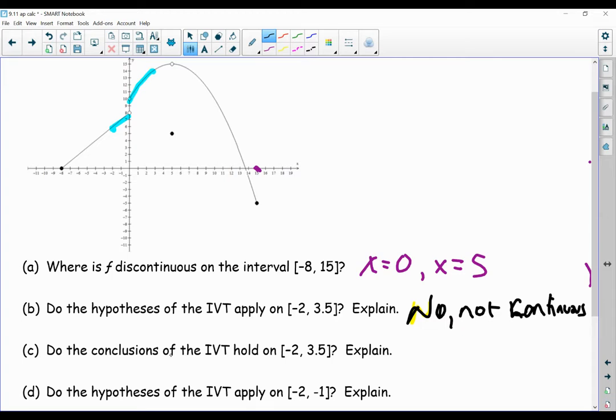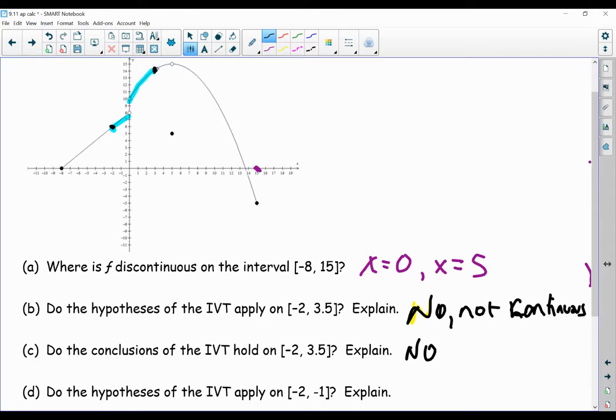So do the conclusions of IVT hold from -2 to 3.5? No. It's an automatic no because the hypothesis isn't met. So if the hypothesis isn't met, we can't guarantee that the conclusion is met. Now, the other thing I can think of is if I look here, -2 has a height of 6 and 3.5 has a height of like 14.